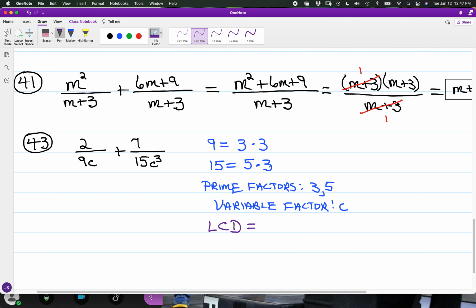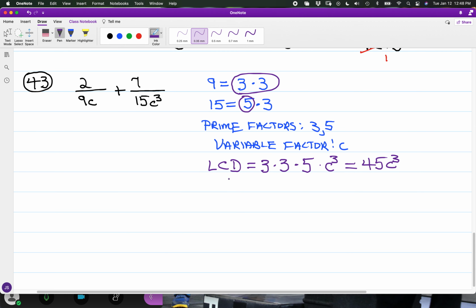With 3, it appears once in 15, but twice in 9. As for 5, it doesn't appear in 9, but appears once in 15. For the letter C, we take the highest degree that appears, which is C to the third. So the least common denominator is 3 times 3 is 9, times 5 is 45, times C to the third: 45c cubed.